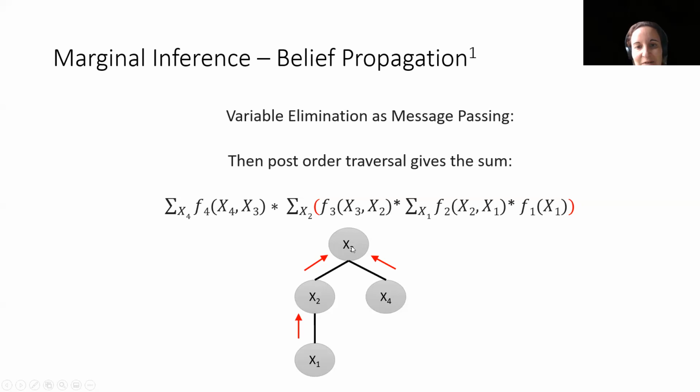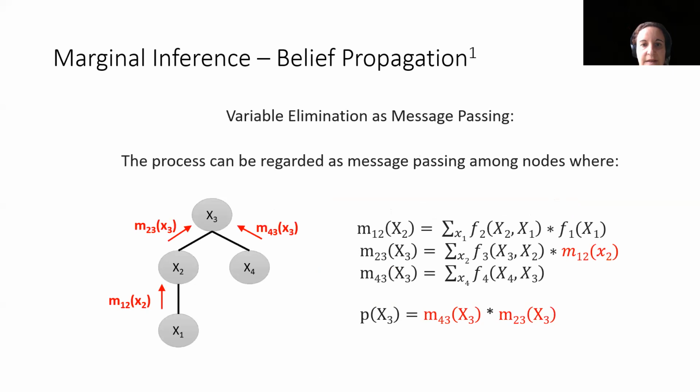Post-order traversal is where we first visit x1, and for this one we have, as we said, f1 of x1.